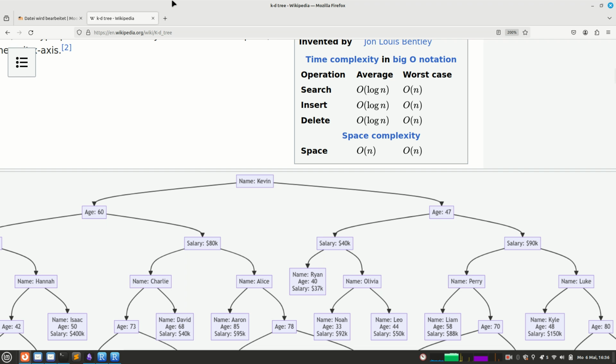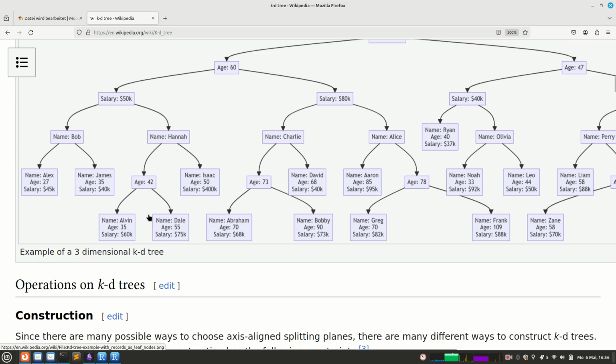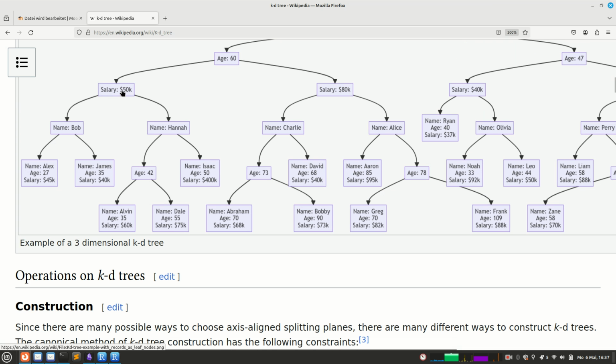And if you now have a certain person, then you can look, does the name come before or after Kevin in the alphabet? If it comes before Kevin, then you say, is the age greater or smaller than 60? And then you ask the third question, is the salary greater or smaller than 50K? And then again, you come to the first dimension, does the name come before or after Bob? And in this way, you sort all these things.